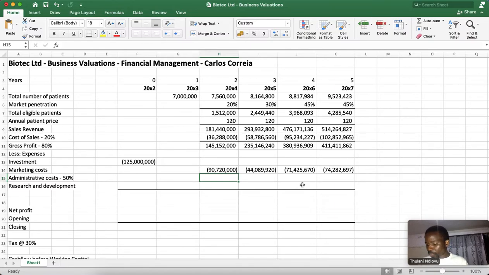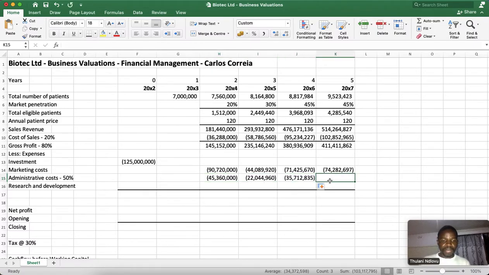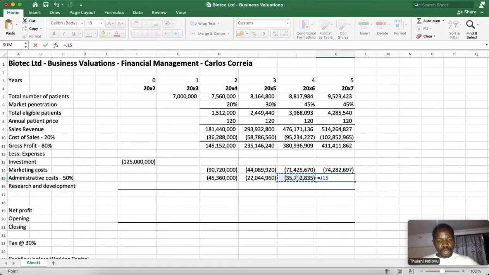Then we are also told that administrative costs will be 50%. So it will be marketing costs multiplied by 50%. You can drag the formula up to 20x6, but in 20x7, it will be the marketing costs growing by 1.04.